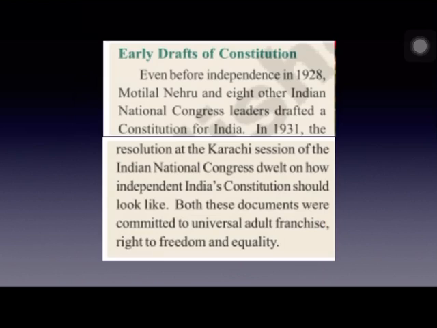And in 1931, the resolution at the Karachi session of the Indian National Congress spelled out how independent India's constitution should be.